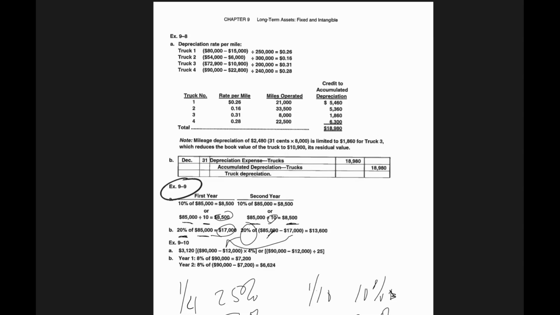So 85 minus 17 times 20% is 13.6. If we were to do it for year 3, you would take 85,000 minus 17 minus 13.6, and then that number times the 20%. Okay? So that takes care of number 9.